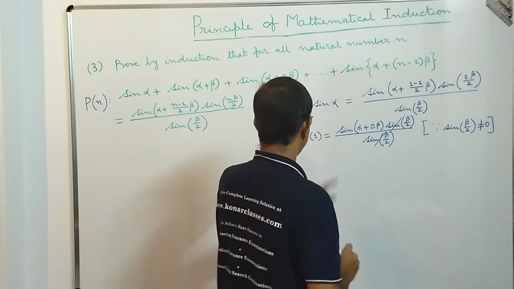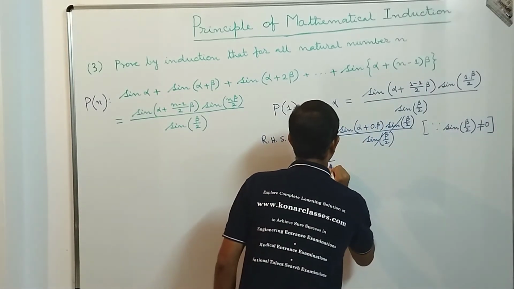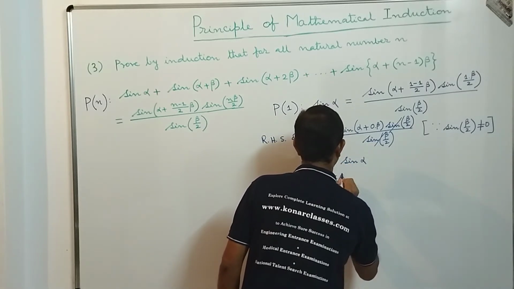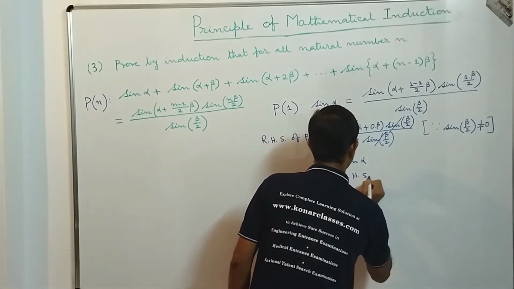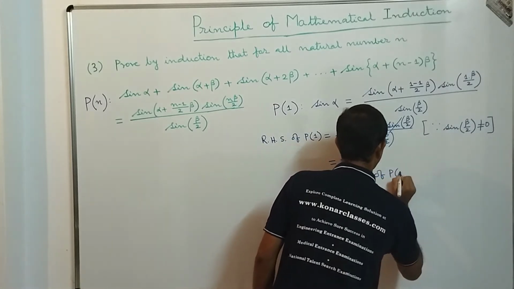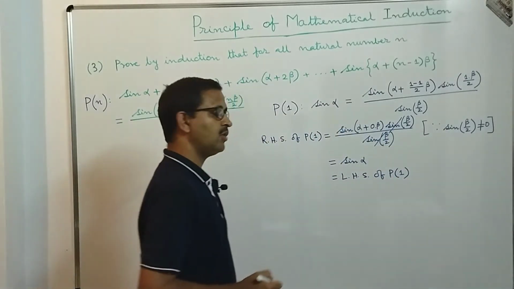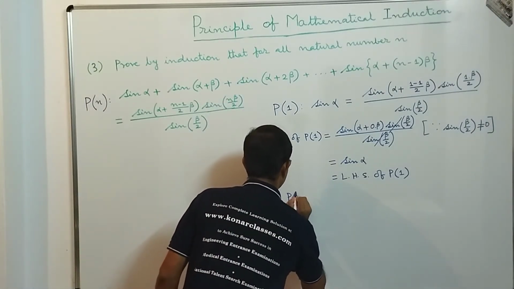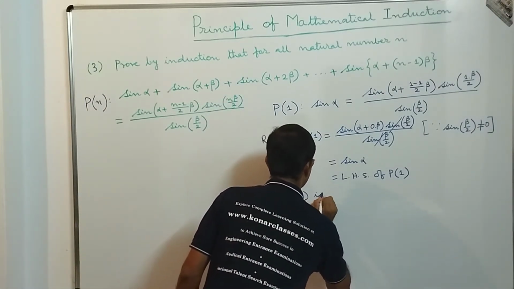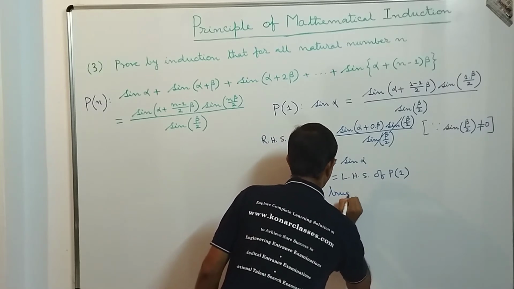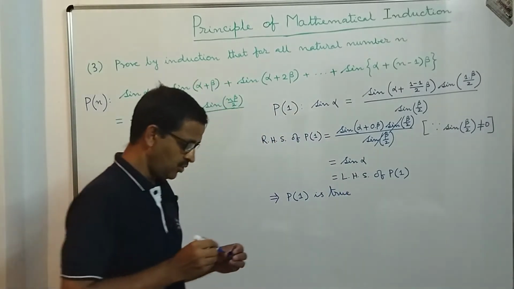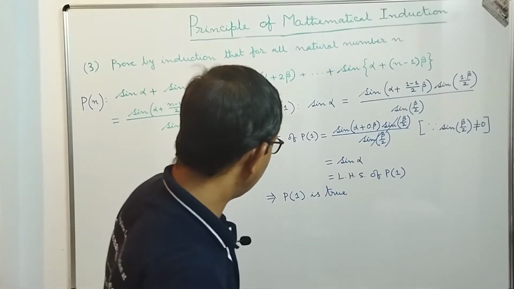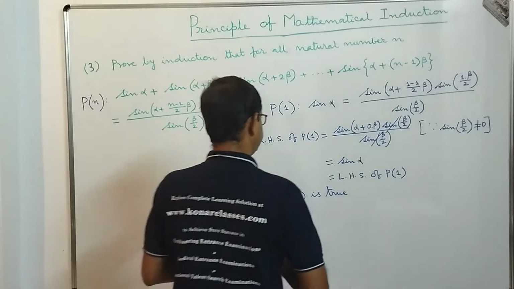Then what are we going to get, dear students? We get sine of alpha plus 0 beta, that means sine of alpha, which is nothing but the left hand side of P1. As the right hand side of P1 is equal to the left hand side of P1, this implies P1 is true. We are able to prove that the mathematical statement is true for n equal to 1.